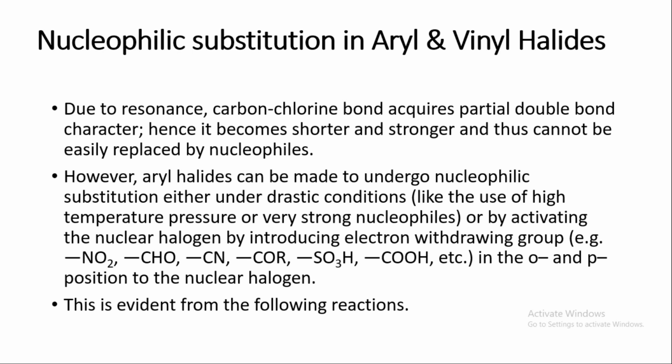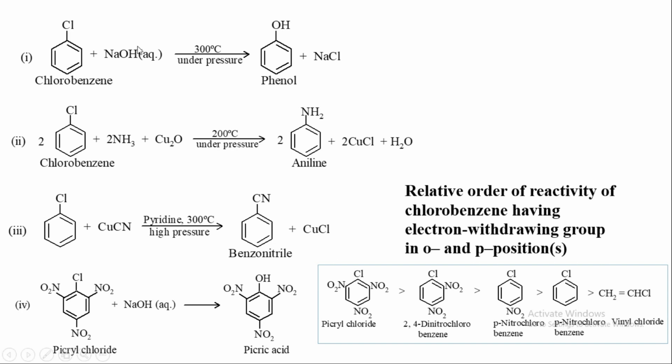So let us see a few reactions. The first reaction is known as the Dow process, which we will also study in the next chapter of phenol. We are preparing chlorobenzene to phenol in presence of aqueous NaOH at 300 degrees Celsius with high pressure. Cl is exchanged by OH, but we have strong conditions, so again it is not so easy.